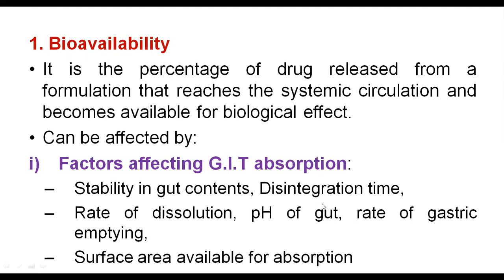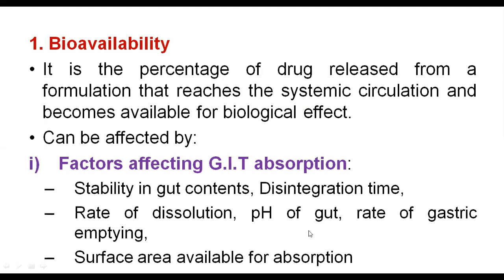And if a drug does not easily disintegrate from whichever formulation, whether it's a tablet or a capsule, to release the active ingredient, then the rate of absorption will be slow. Rate of dissolution, I had already explained this one.